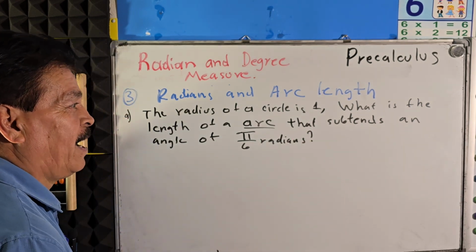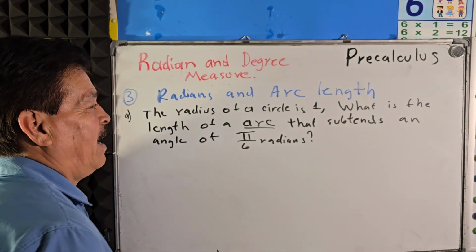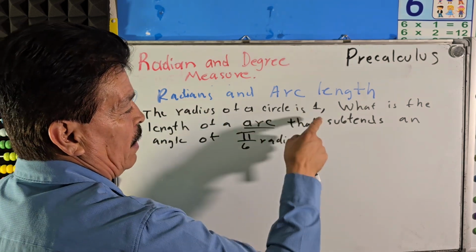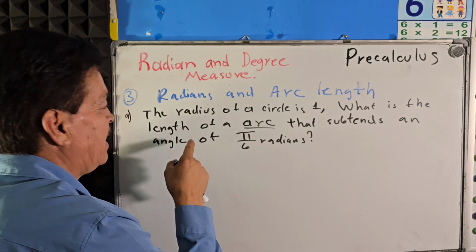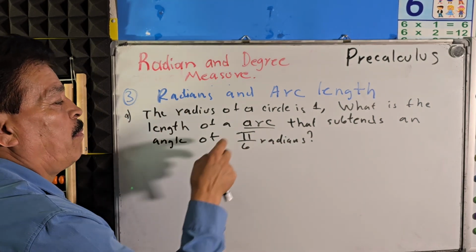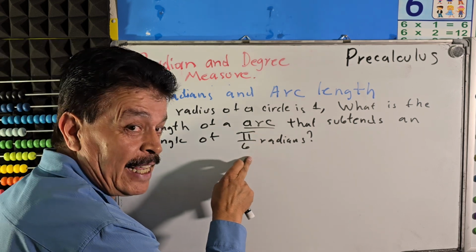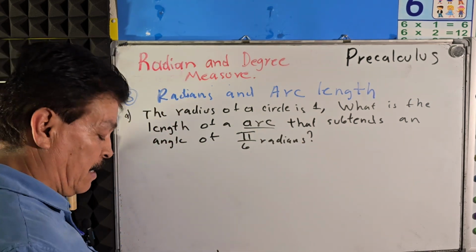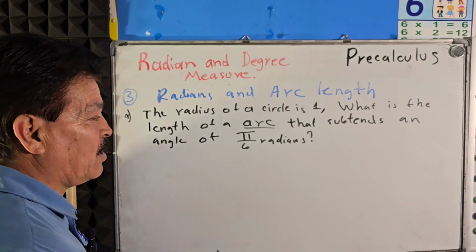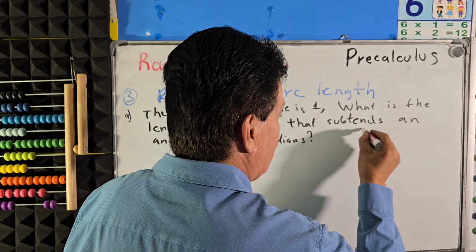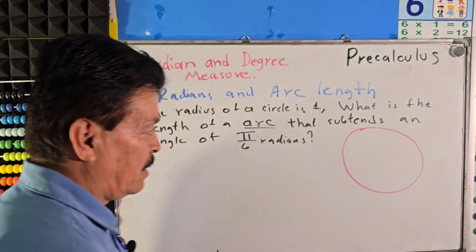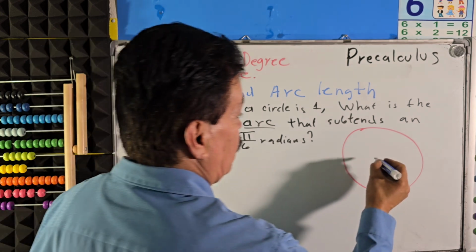All right, that's the problem. The radius of a circle is 1. What is the length of an arc that subtends an angle of pi divided by 6 radians? That's our question. So I like to make the circle here. Let's do a little circle so you can see the picture. That's our circle. We are talking about the circle.